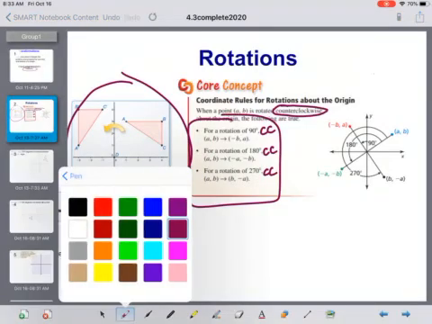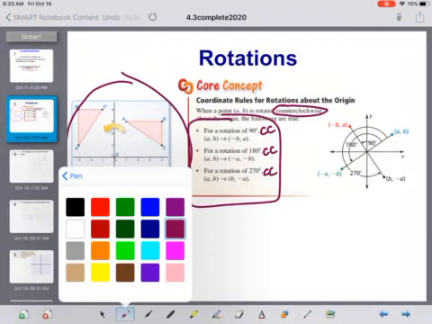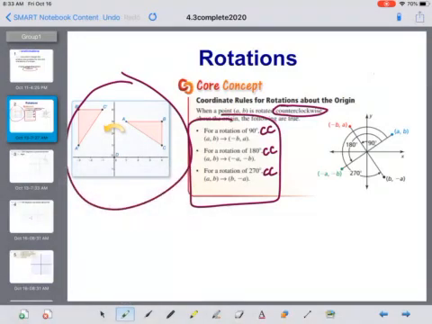We could also express that as, the first one would be 270 degrees clockwise, and then the last one would be 90 degrees clockwise, just the opposite of the counterclockwise.